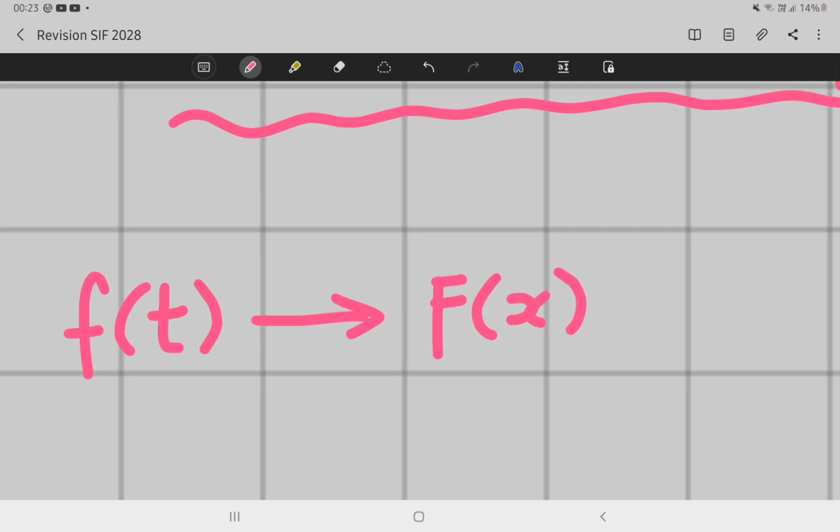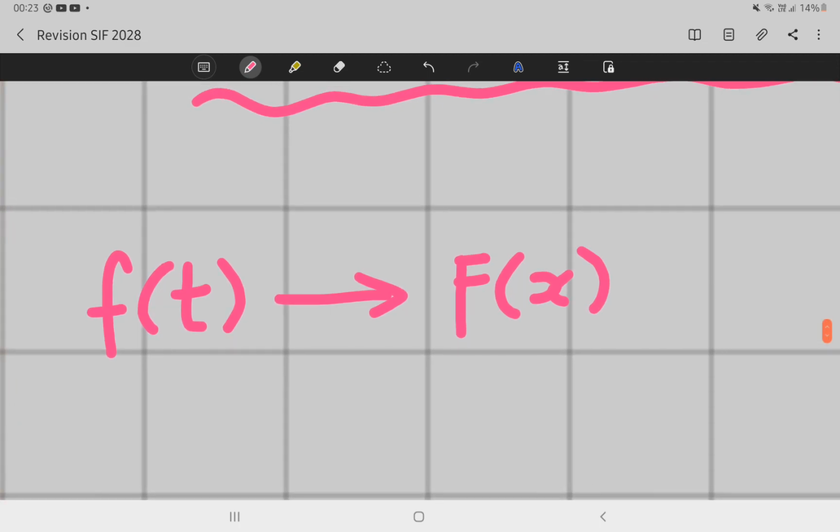So how are we going to do this? The process to achieve this is called the Fourier transform.